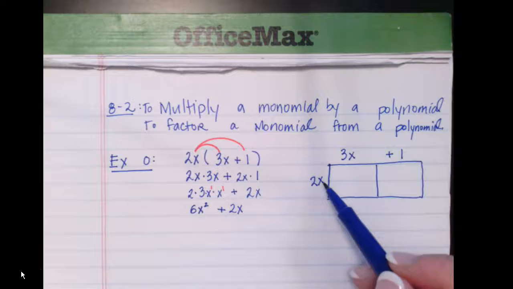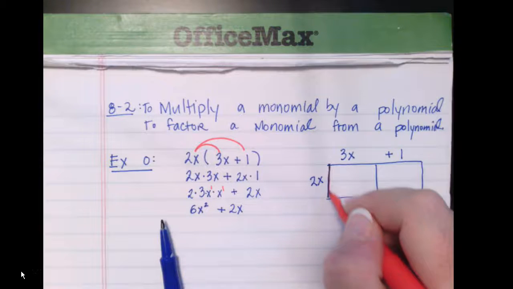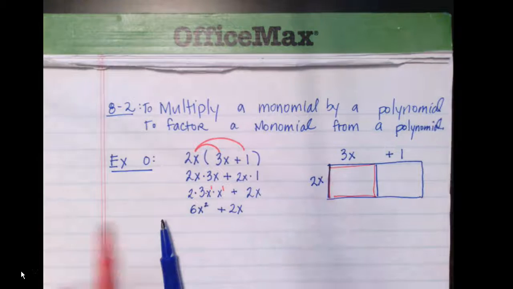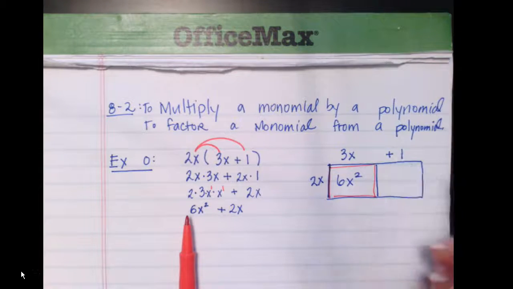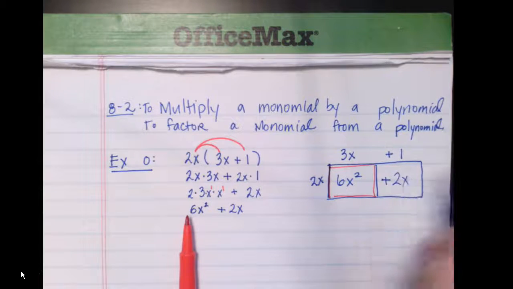So this way I know that whatever goes in this section right here is the solution to whatever I get when I multiply these two terms. So 2x times 3x is 6x squared. 2x times plus 1 is plus 2x.